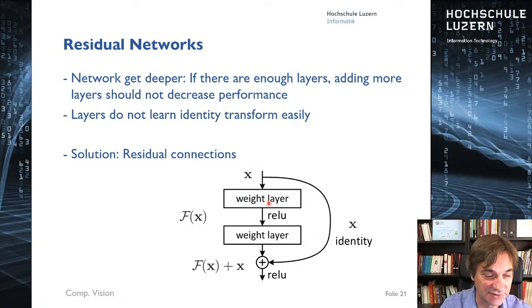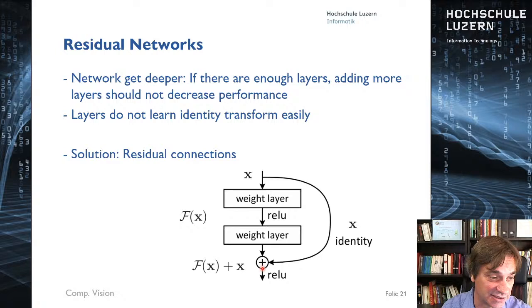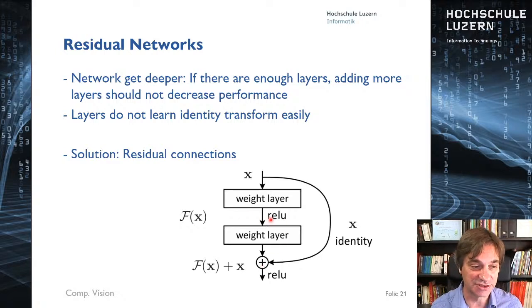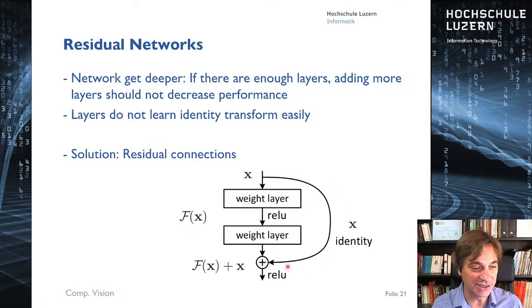If they do nothing here, then you will really end up with the identity transformation. And since the layer weights are initialized close to 0, it's much easier for them to learn to put the output to 0 than to put it to the identity. Okay, so the idea is you have those connections here. You can just add layers, and they should not disturb at least the results that you had before.